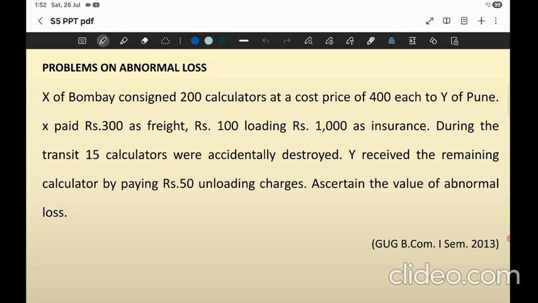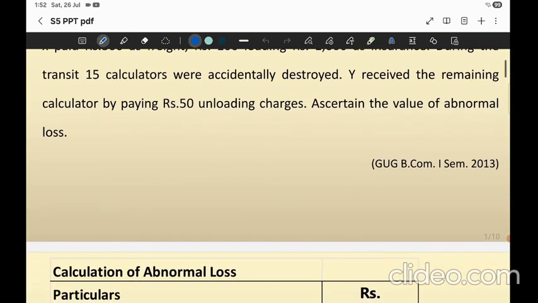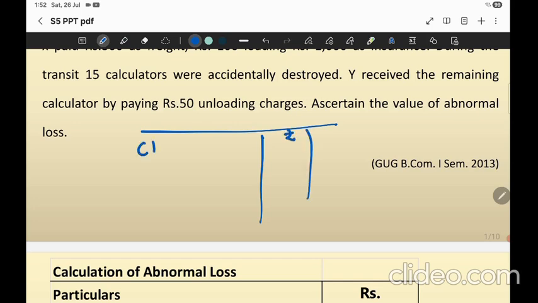Before I start with the class, let me remind you of what we learnt in the previous class about the calculation of abnormal loss. We need to prepare a table having an amount column. First, we take the cost price of goods lost.